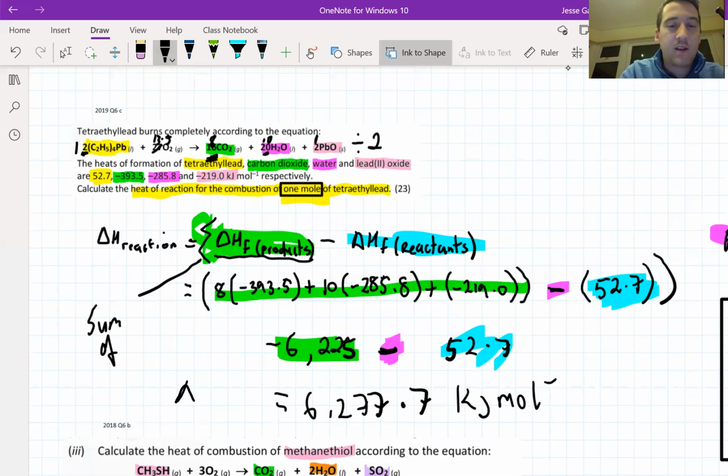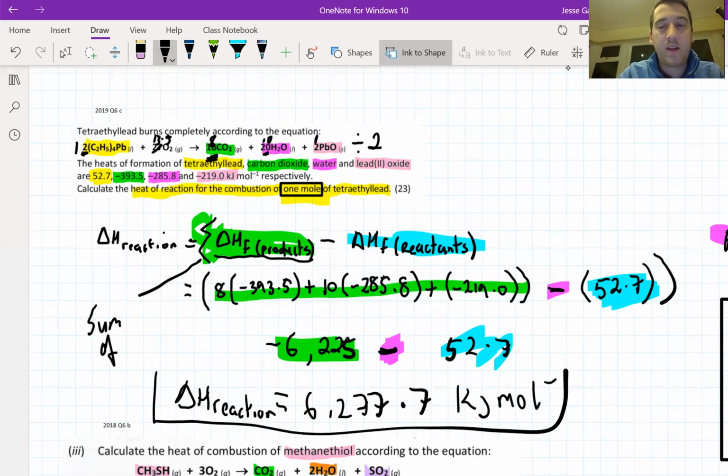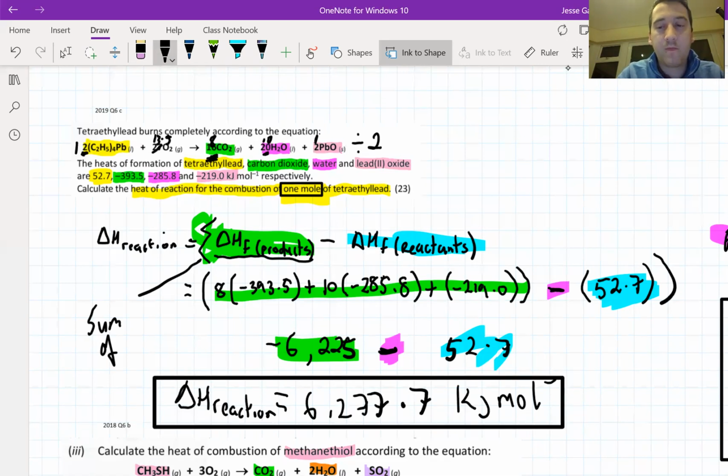And this is the delta H for the reaction. That's your final answer. And the great thing about it is that all of these are the same. Okay, so the delta H of the reaction equals minus 6,277.7 kilojoules per mole. Okay, right.